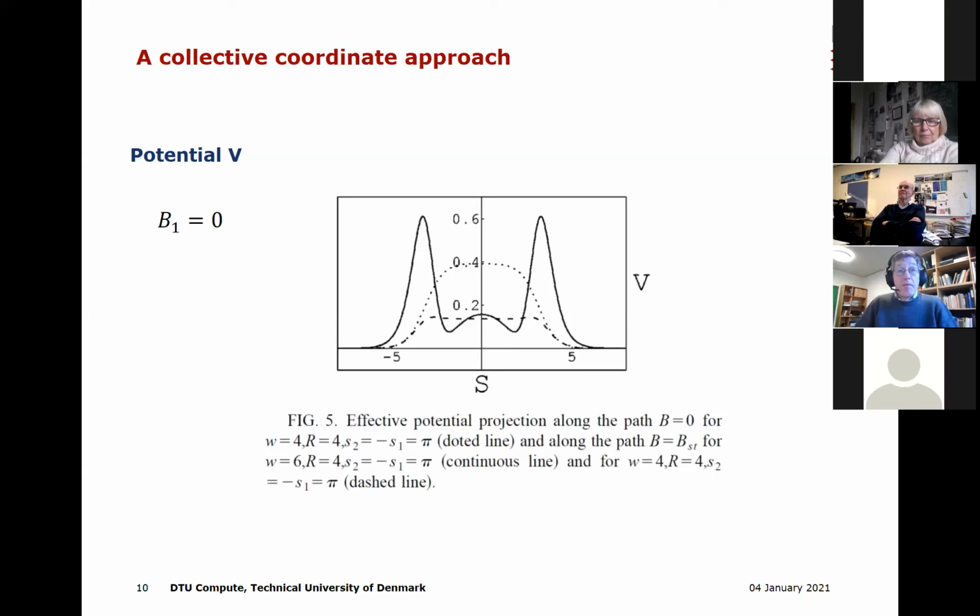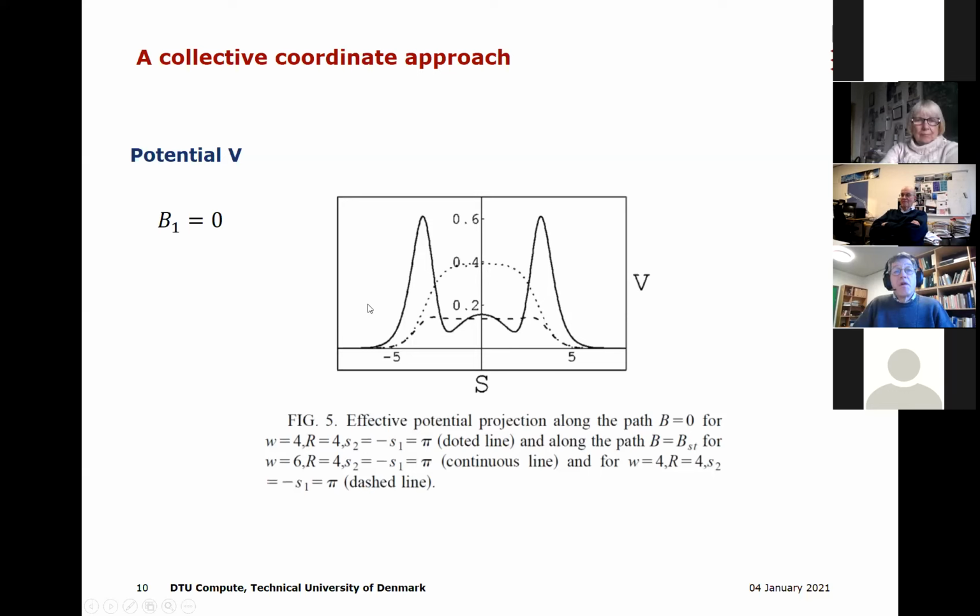This could happen. So here you would expect that you could send in a soliton, for example, from the left, and it could fall down in this trapping region and stay there. Or you just have the simple barriers here.